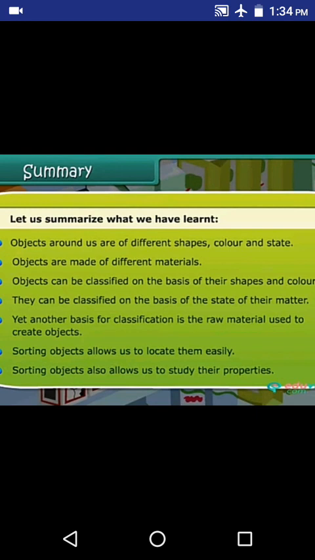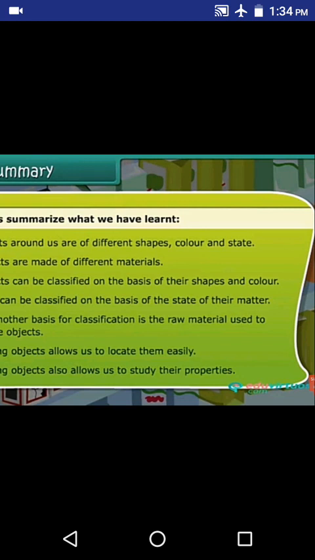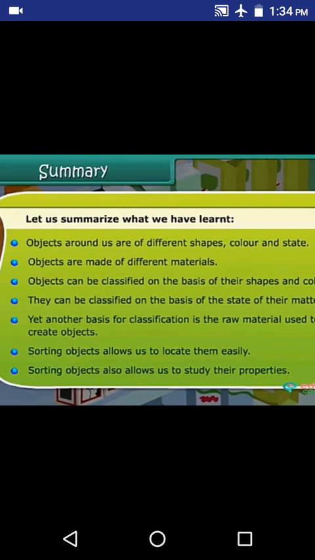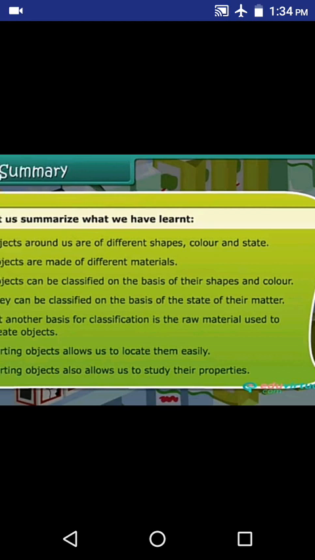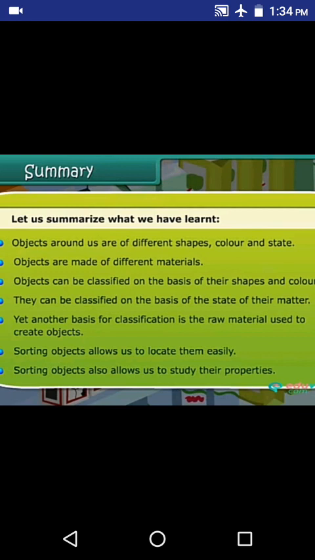They can be classified on the basis of the states of matter. I have already told you solid, liquid, gas are the three states of matter on the basis of which we can classify the materials. Yet another basis for classification is the raw material used to create the objects, meaning plastic, resin, wood, paper, etc.